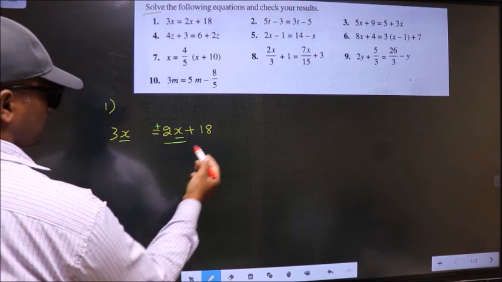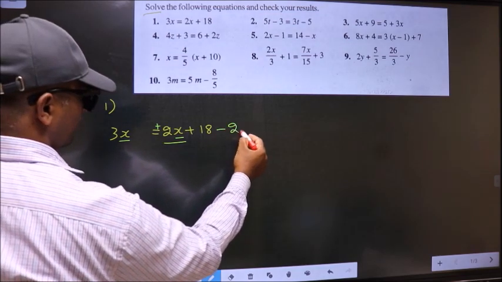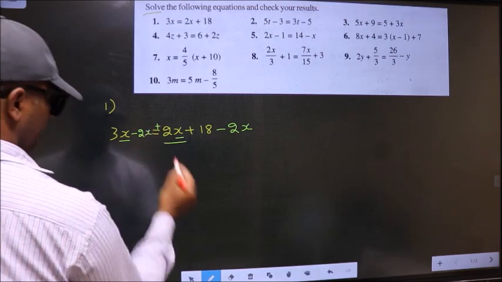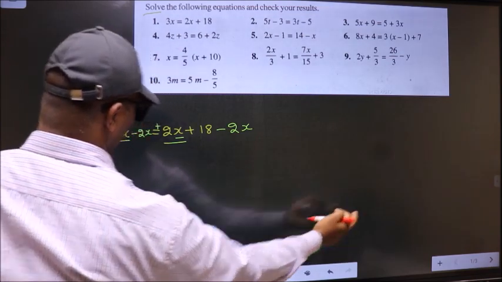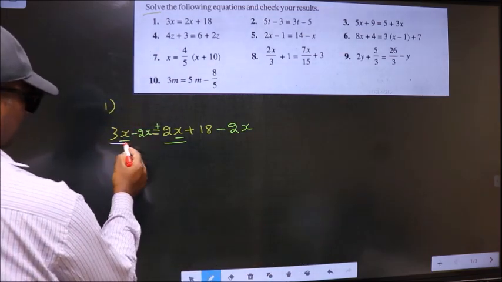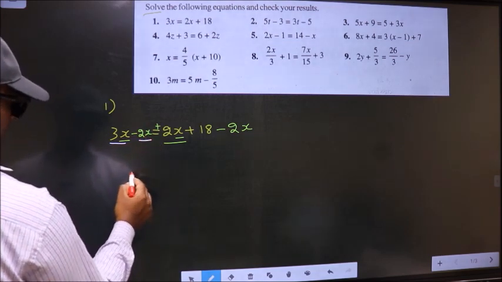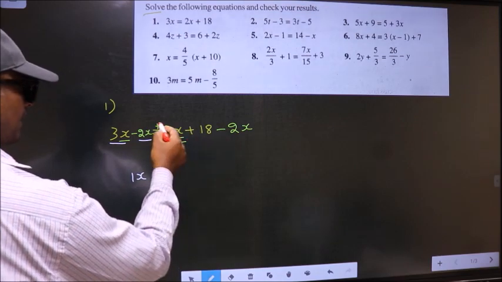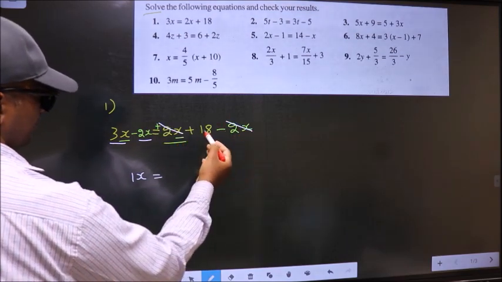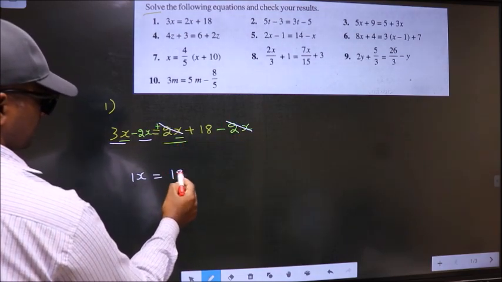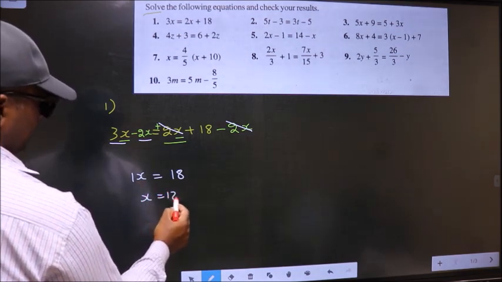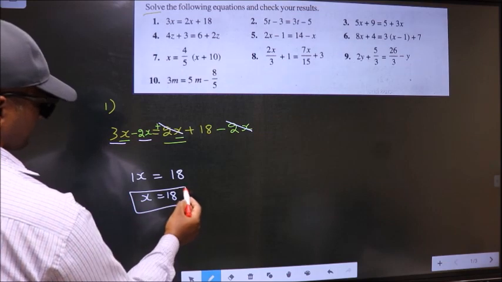So to remove plus 2x, we should subtract 2x on both sides. Now 3x minus 2x is 1x equal to, and on this side this cancels out, you are left with plus 18 or just 18. 1x is nothing but x equal to 18 is our answer.